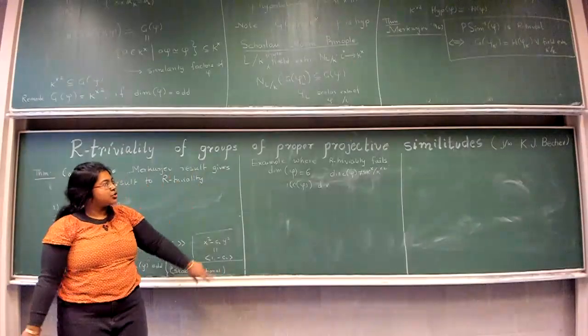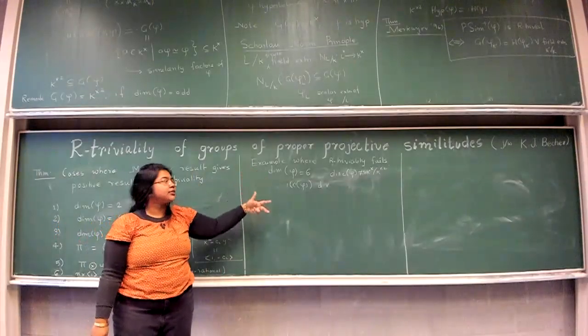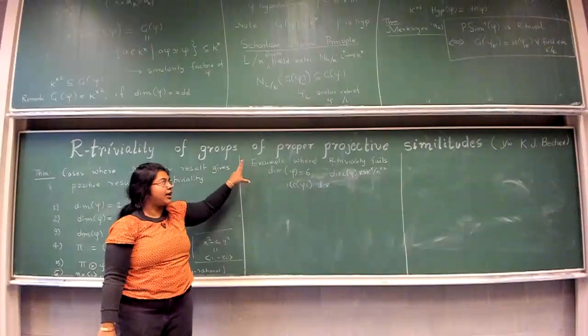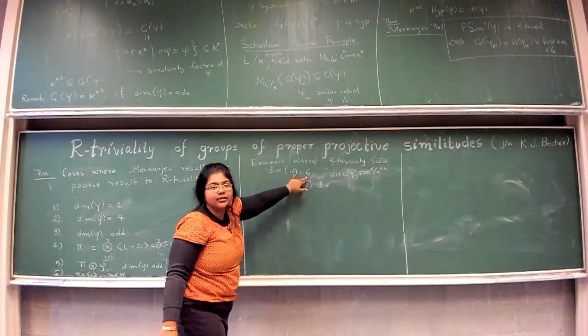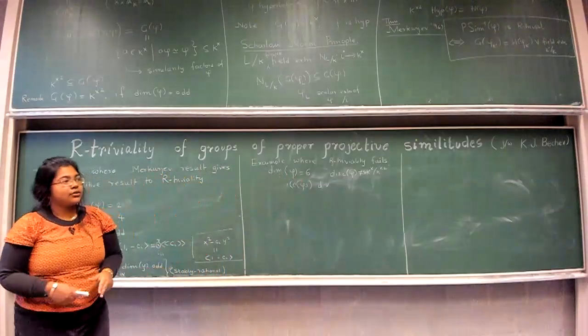So Merkurjev has shown some examples. This is the first example, meaning the first dimension where this R-triviality fails.